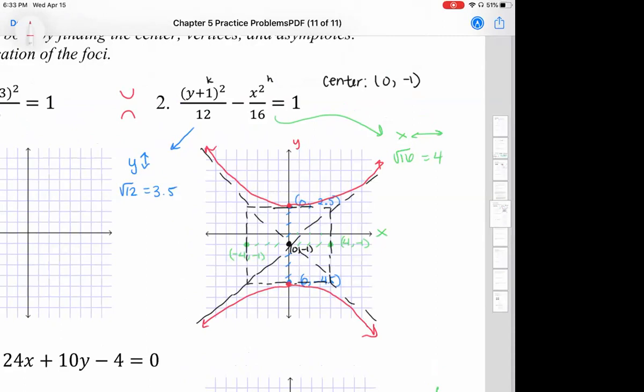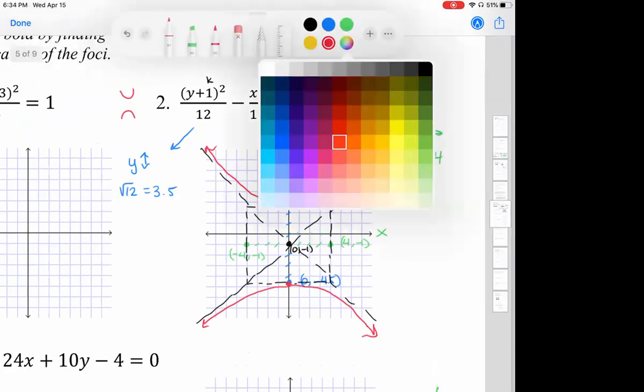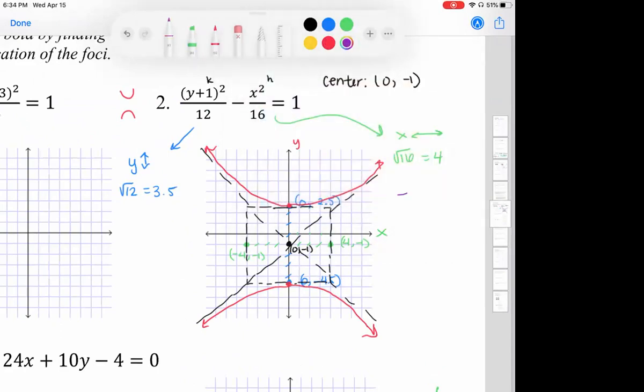Good job. All right, last piece. We need to find our focus points, or plural, foci. This formula is the same but different. So instead of minus, it's plus. B squared plus B squared. So we're going to add our denominators.